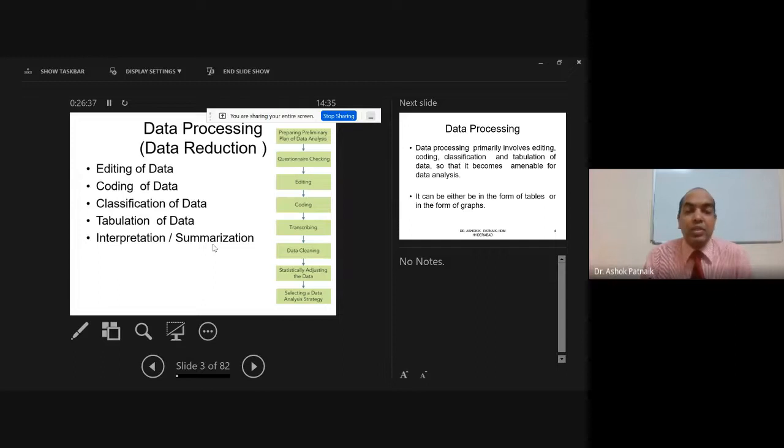And once the research topic is decided, then the objectives are set. Based on the objectives, the hypothesis is set. And based on the hypothesis, then again you start developing the questions. And when you are designing the questions or the research design, there you have to keep the data analysis aspect in mind.